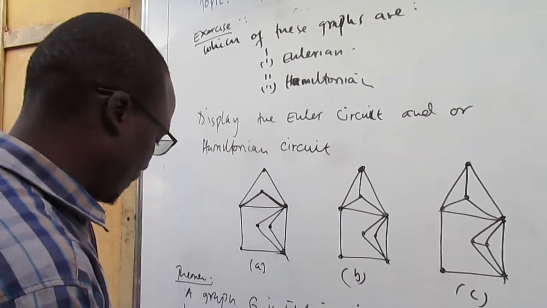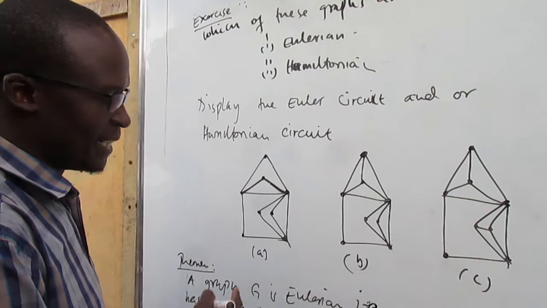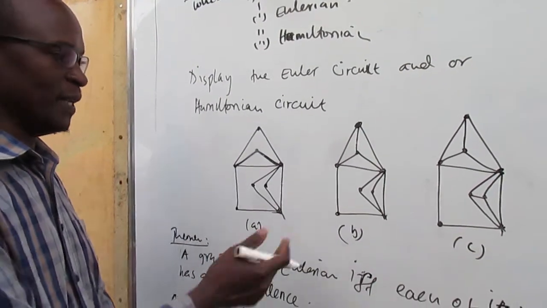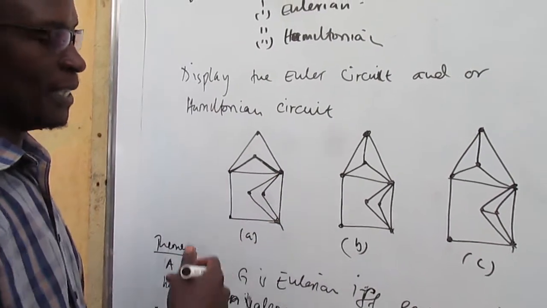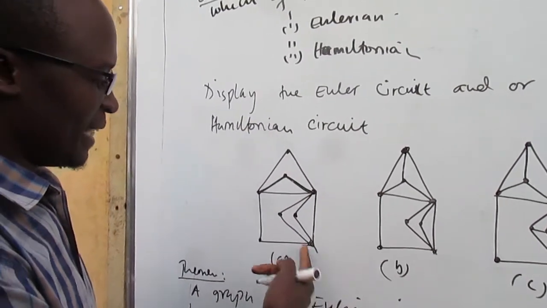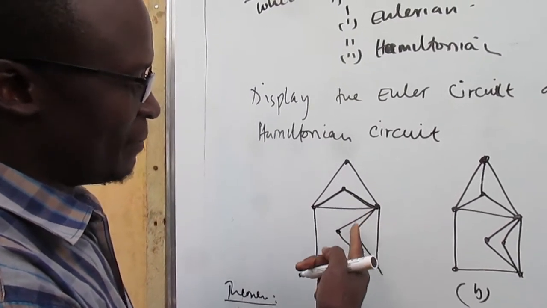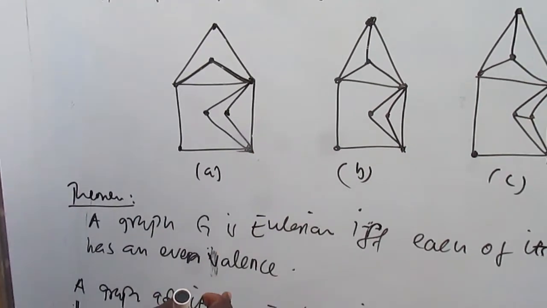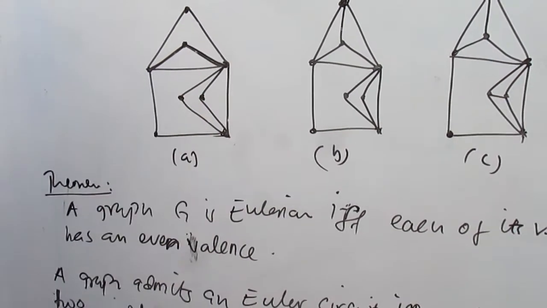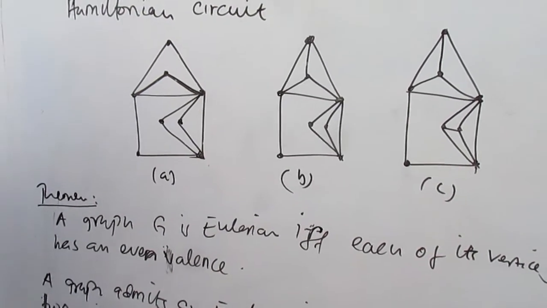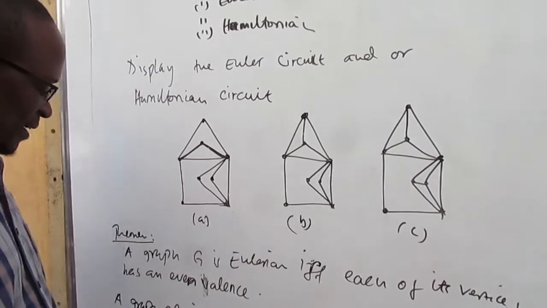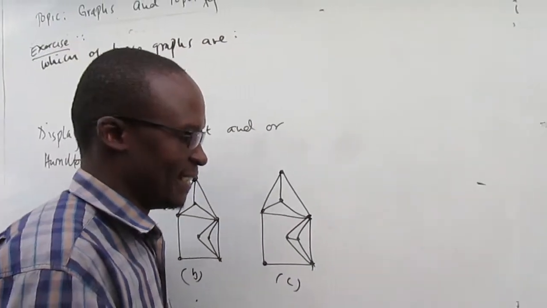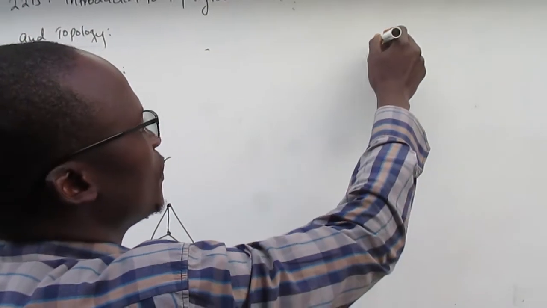For Hamiltonian circuits and Hamiltonian graphs, unfortunately, we do not have a stroke of genius which can help us tell whether a graph is Hamiltonian. We just have to, in most cases, for beginners, be lucky to get that Hamiltonian circuit, especially if the graph is a bit complicated. However, for an Euler circuit, there's an algorithm which you can use to find the circuit. So this is what you'll do.